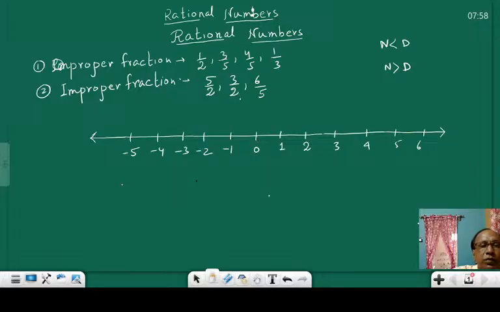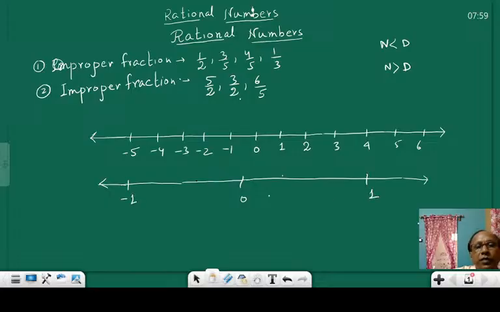So we are drawing another number line to represent it in a better way. We are taking only two things, that is 0 and 1, because all the proper fractions are within 0 and 1.